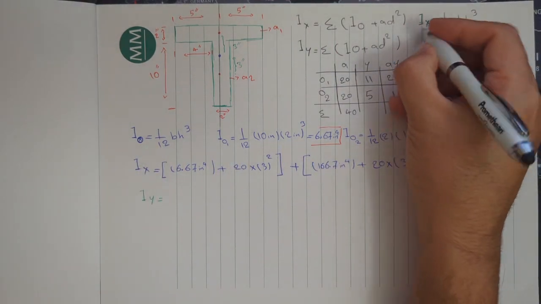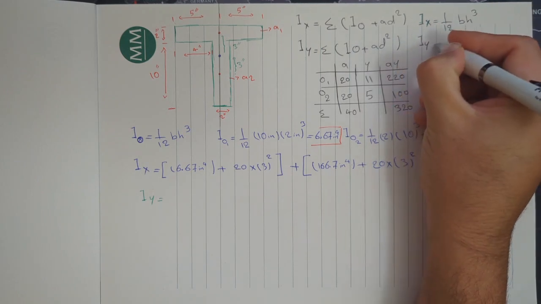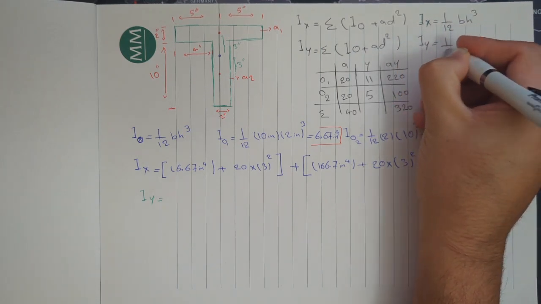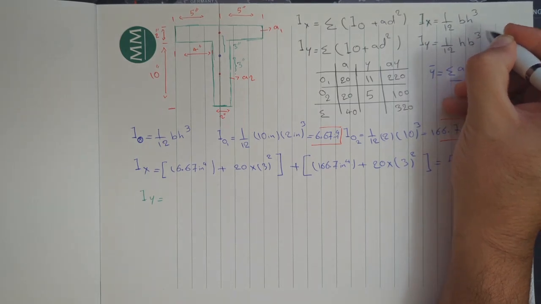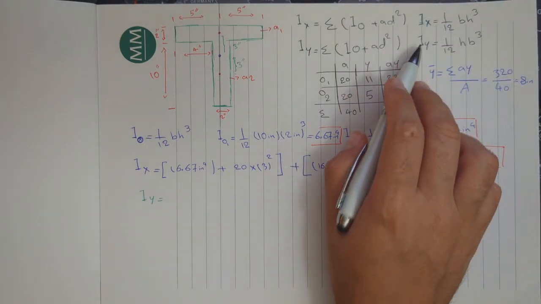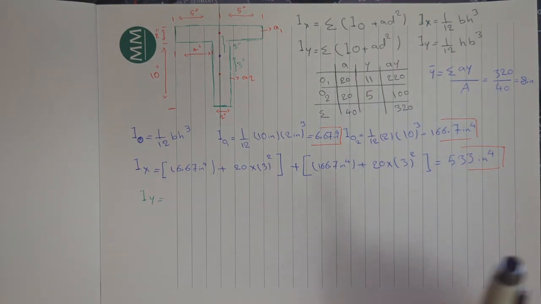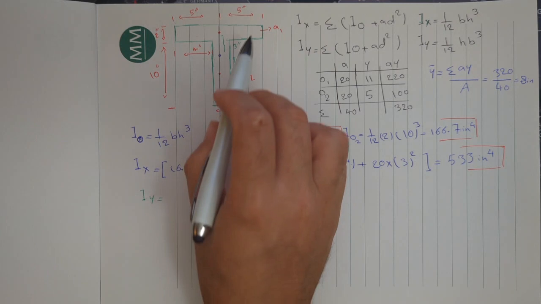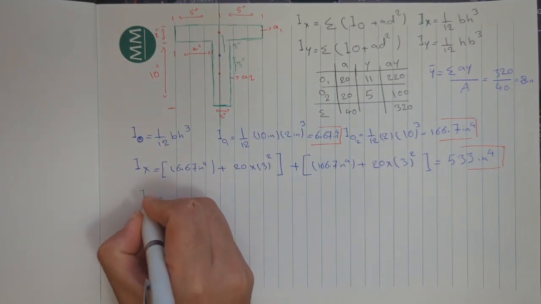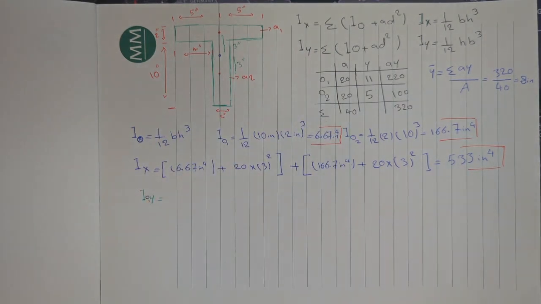Okay, but Iy for the rectangle was 1/12 of HB cubed. So we have to know what's the Iy for each object. So object number one.